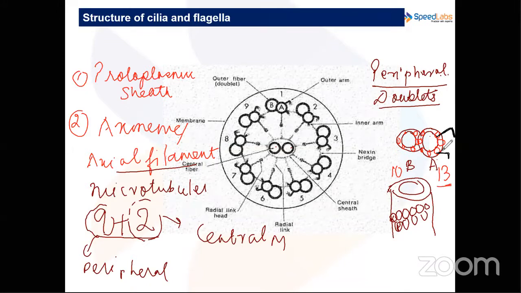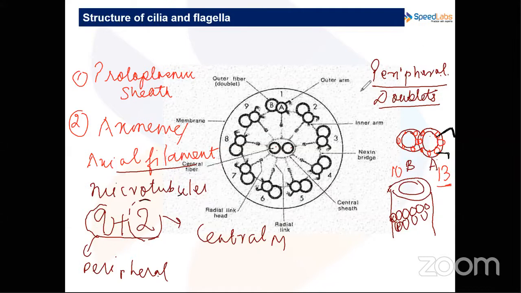So let us just once more revise till here so that we're not confused. The internal structure of cilia and flagella consists of a protoplasmic sheath and an axoneme. Axoneme's alternative name is axial filament. Axial filaments are made up of microtubules. Their arrangement is 9+2. 9+2 means 9 microtubules are peripheral based on location and 2 are central.